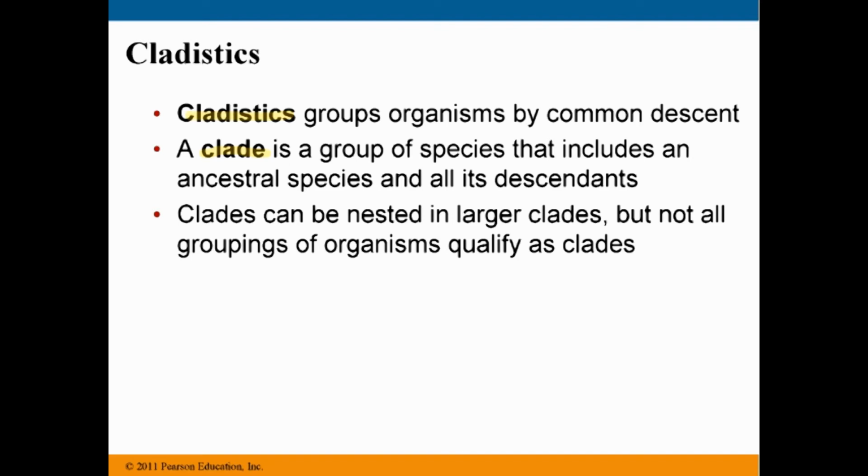Then it goes on to say that clades can be nested in larger clades, but not all groupings of organisms qualify as clades. Okay, so I mentioned this in lab, that a clade is a taxonomic level, and that taxonomic level has a common ancestor. Okay, and the next taxonomic level could also be a clade. So you've got to kind of keep that in mind.